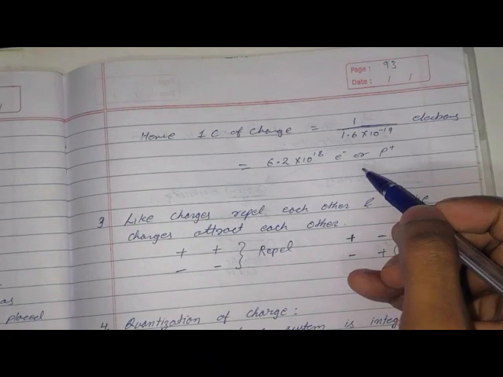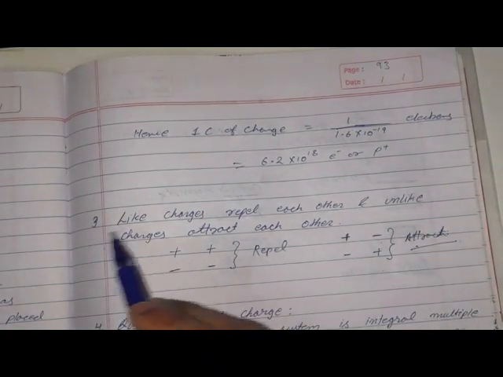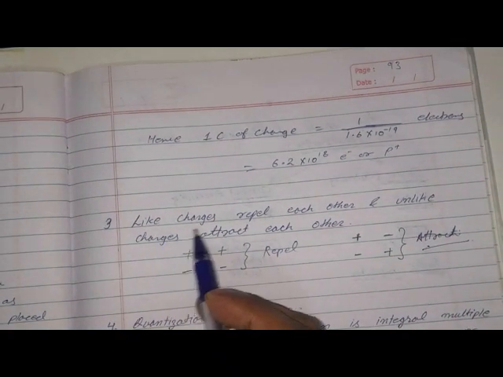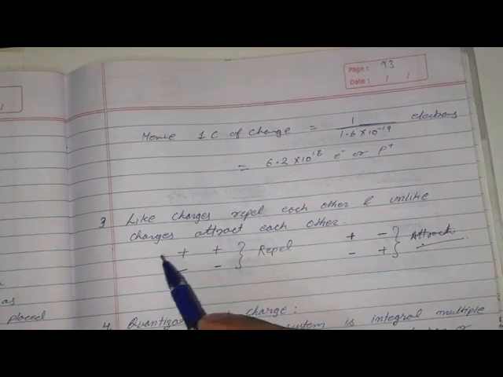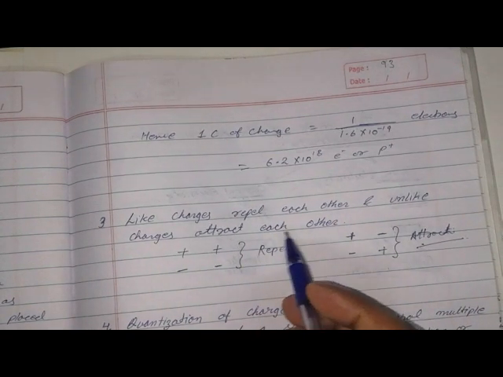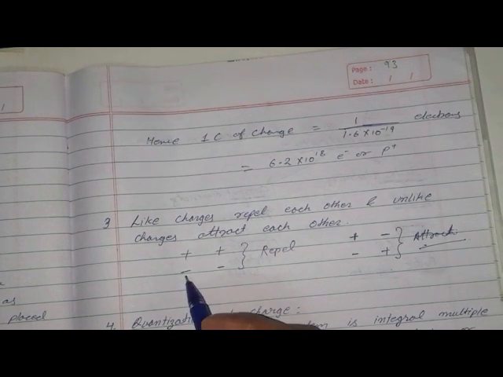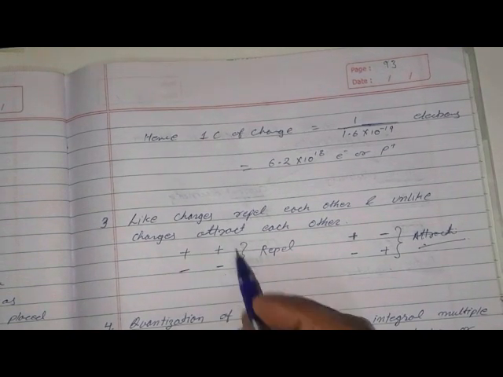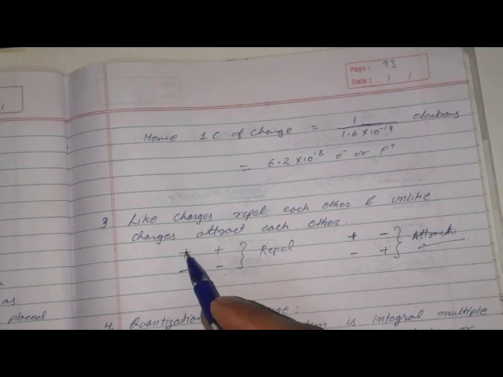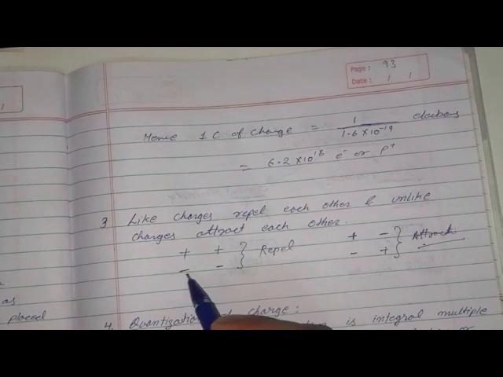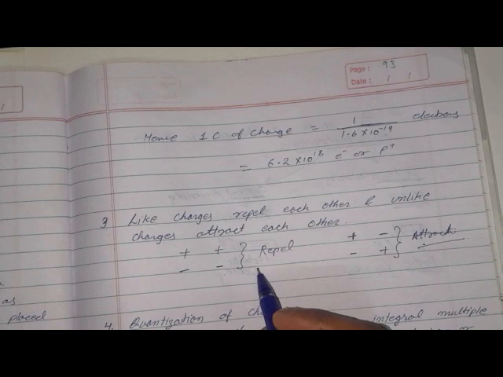Now the third property of charges is that like charges repel each other and unlike charges attract each other. If you have positive and positive, or negative and negative, then both will repel each other. That is, positive will repel positive and negative will repel negative.